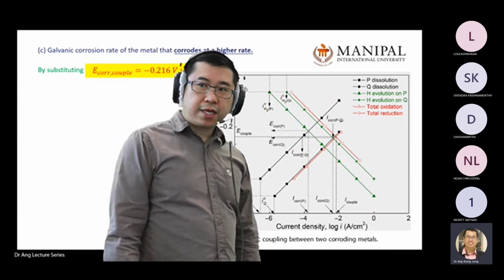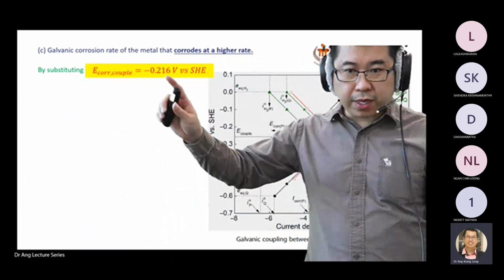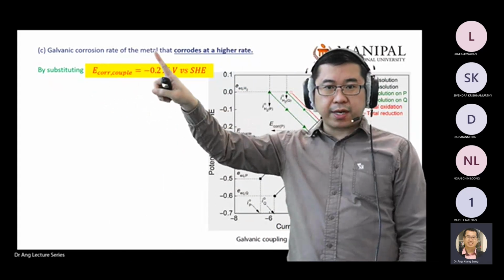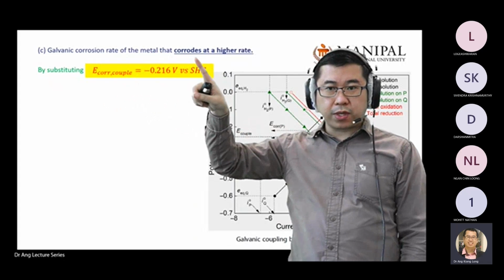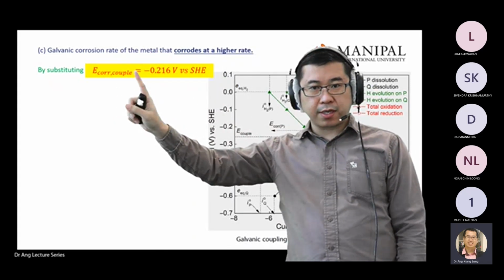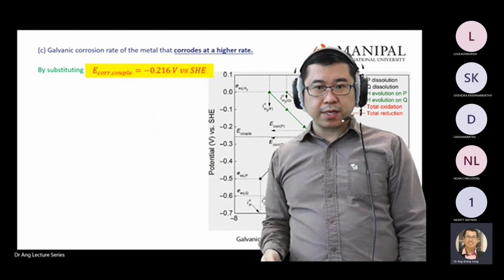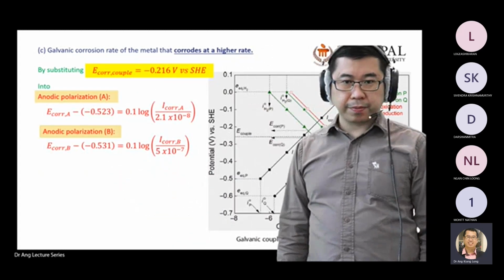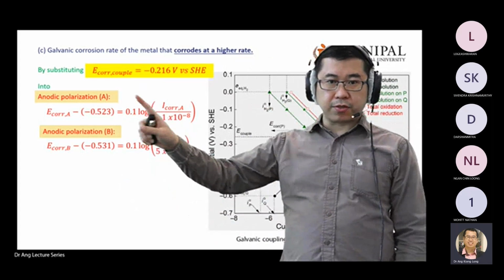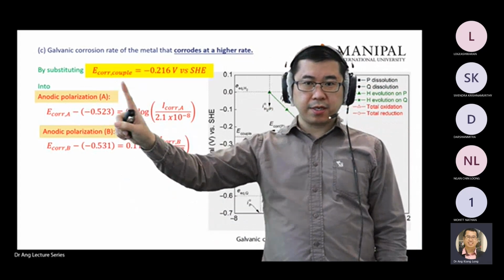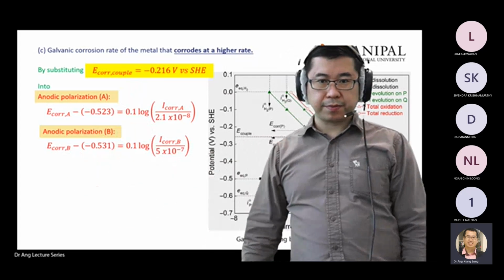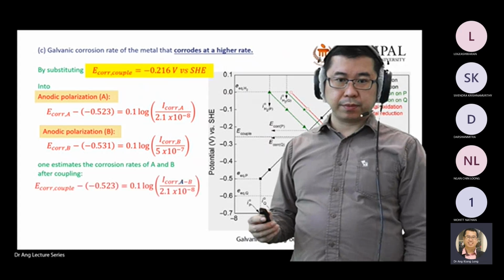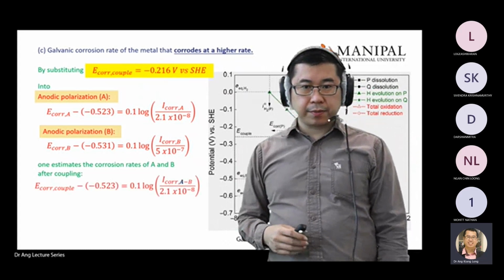Okay, you substitute the E corrosion for, okay, now we are looking at section C. We look at galvanic corrosion rate of the metal that corrodes at a higher rate. So we substitute the E corrosion couple as this one into these two equations here. You substitute this one inside here, this one inside here. Okay.